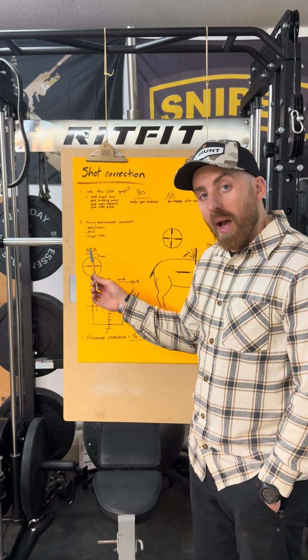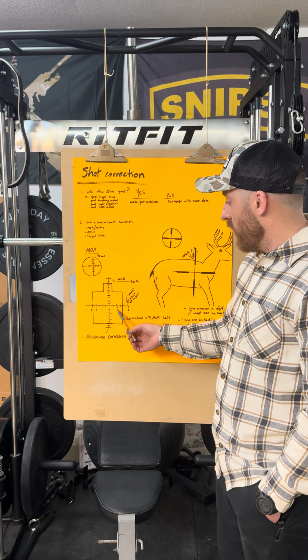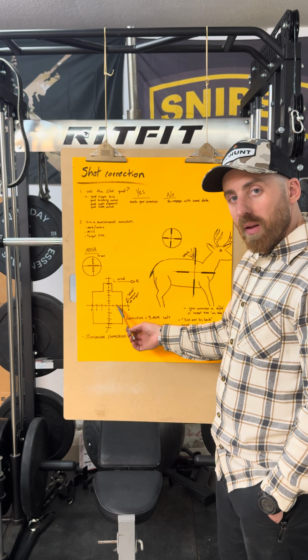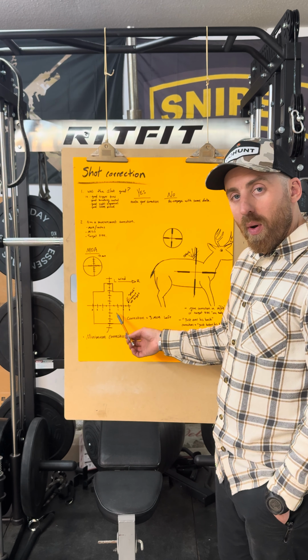For this example, you have a left to right wind. You make your shot, your point of aim is here, your point of impact is off of target, okay? If you look at your reticle closely, you have numbers representing value. In this case, each bigger stadia line is going to be 1 MOA.